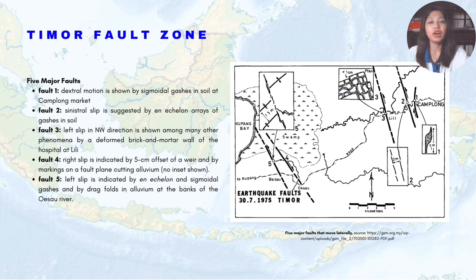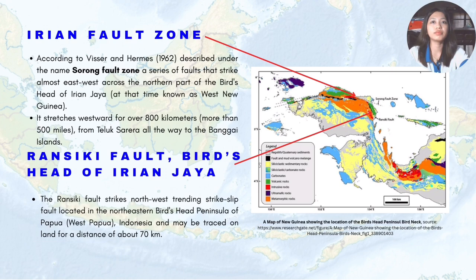Fault 4, right slip, is indicated by a 5 cm offset of a weir and by markings on a fault plane cutting alluvium. Fault 5, left slip, is indicated by en echelon sigmoidal gashes and by drag folds in alluvium at the banks of the Owasau River.